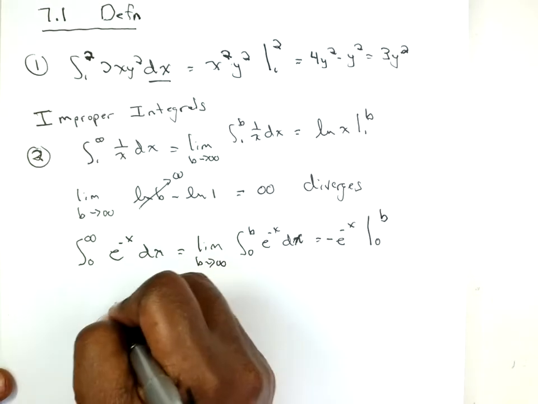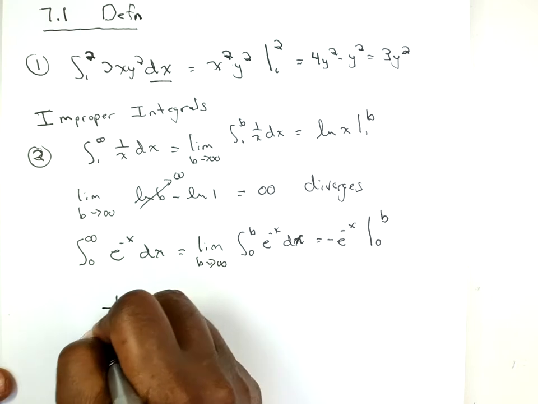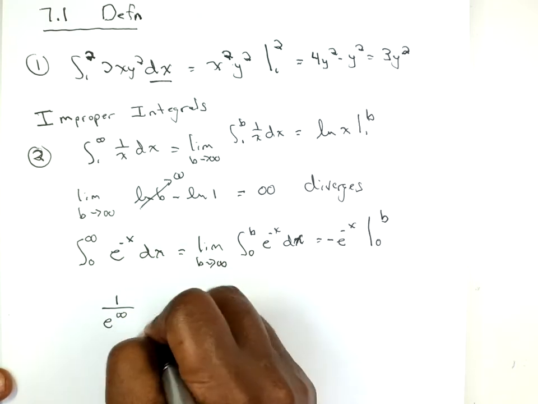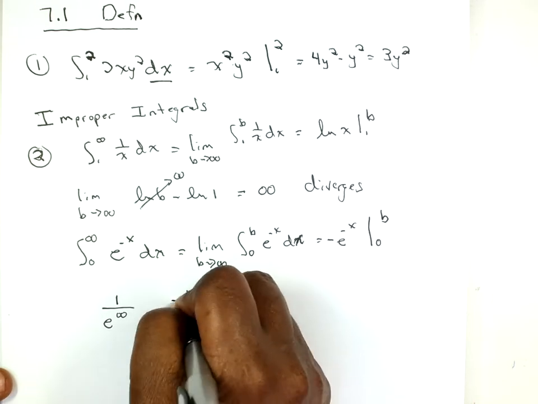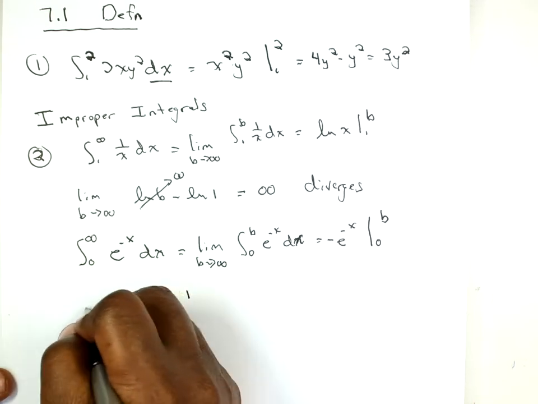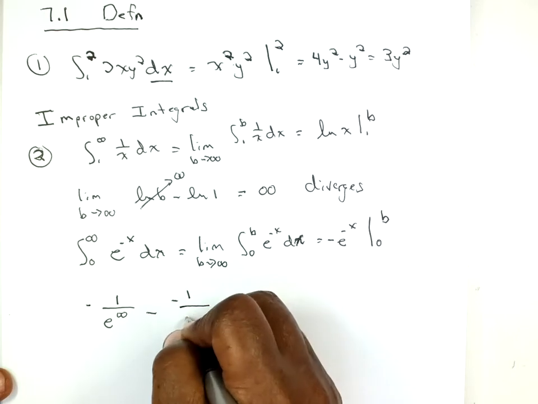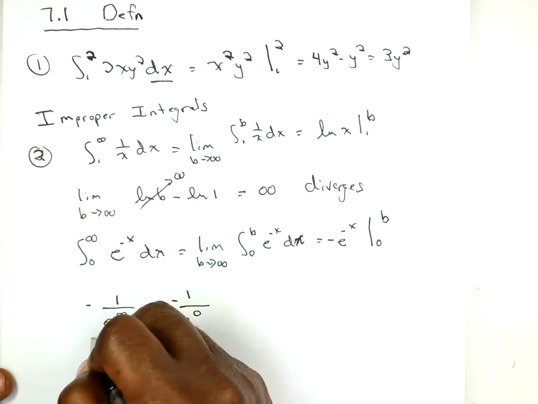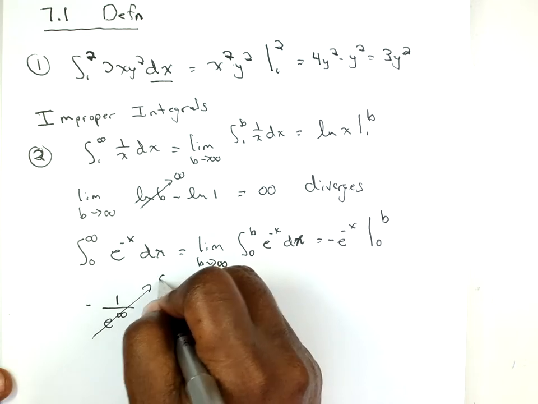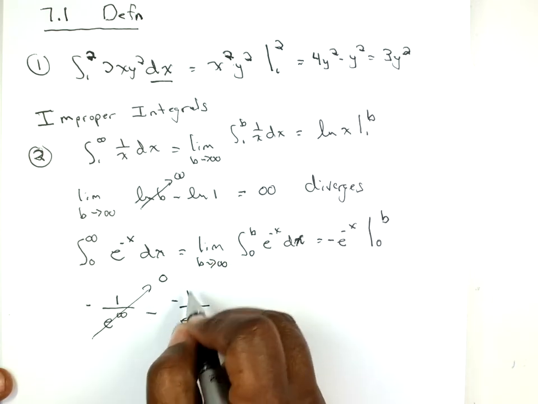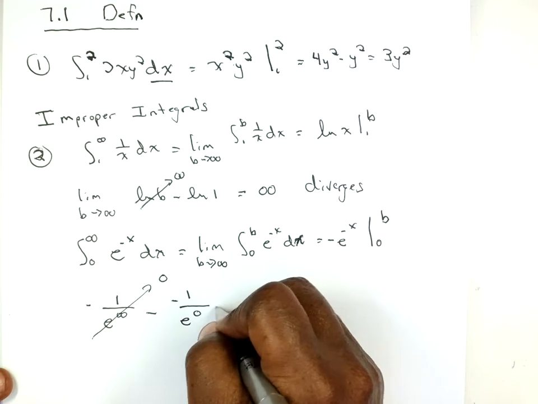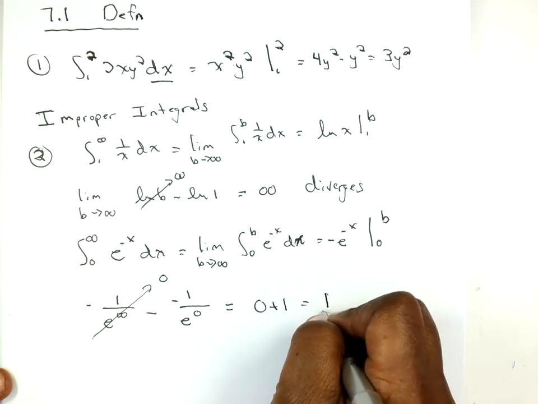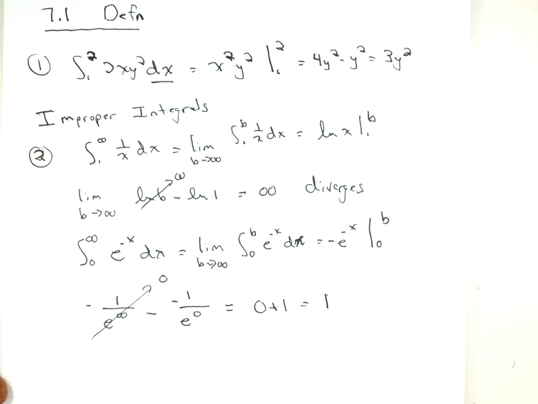So when I evaluate that, I end up with 1 over e to the infinity, because that negative, we're just bringing it down the bottom, minus negative 1 over e to the 0. So this term is going to 0. And then I get minus a negative 1, which is just 1. So this one does converge, and it converges to 1.